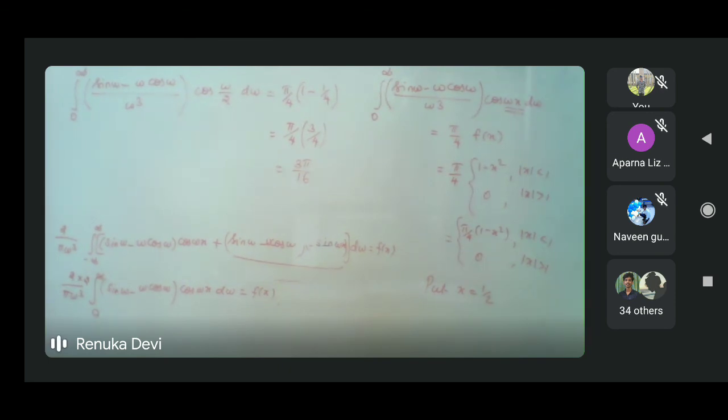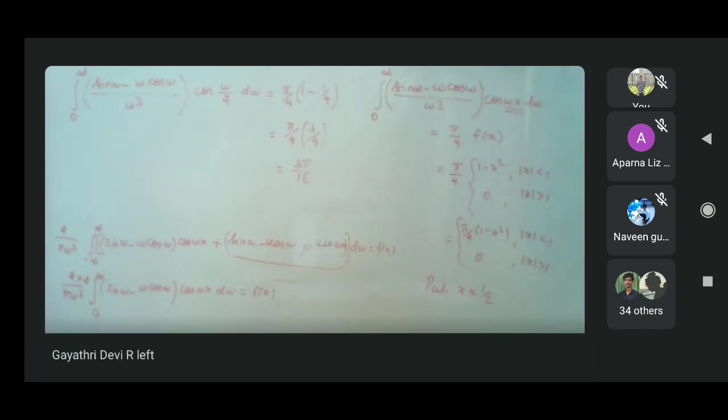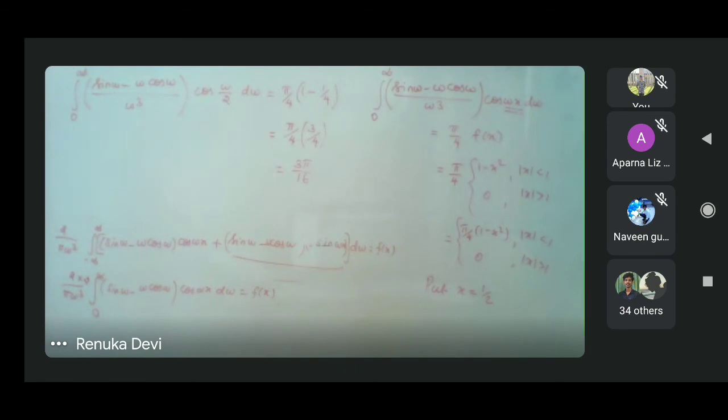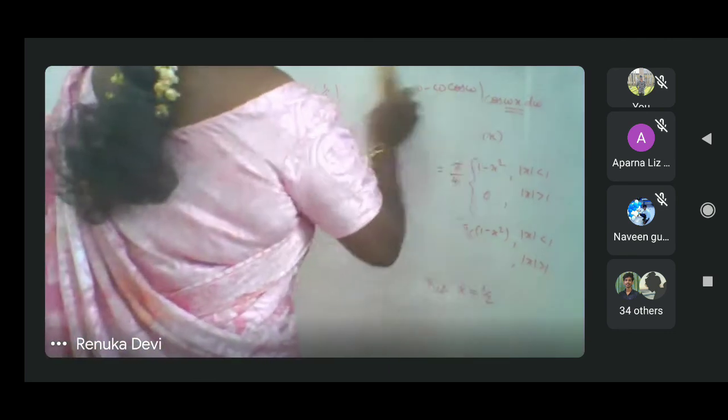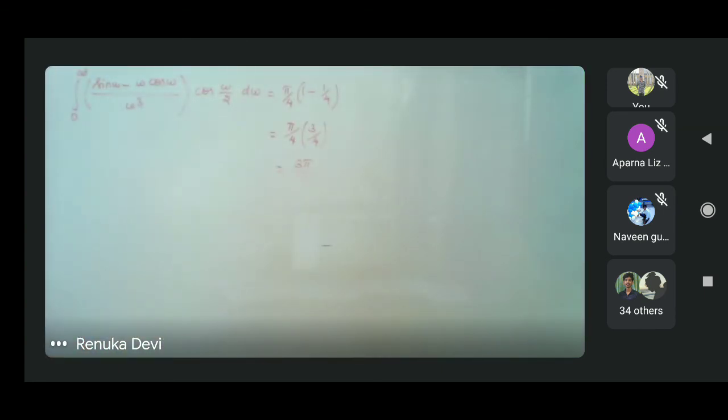You want the Fourier transform alone. You want the Fourier transform of this. Find the Fourier transform of the function.